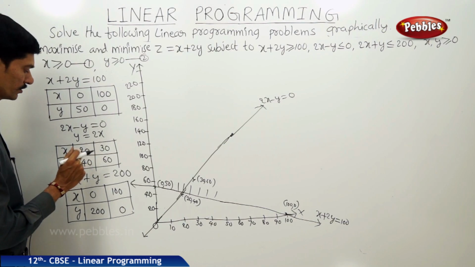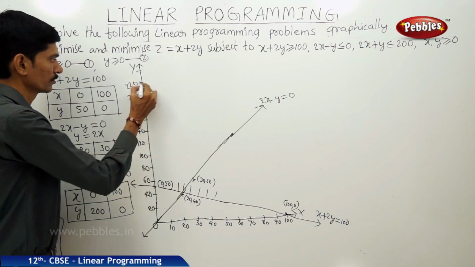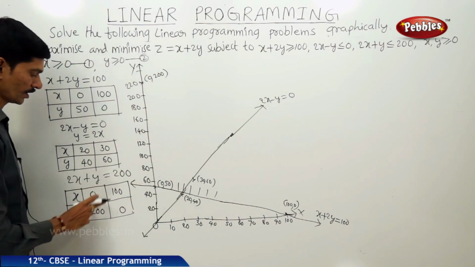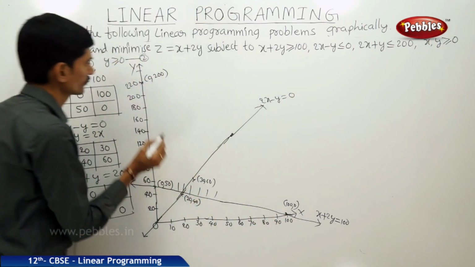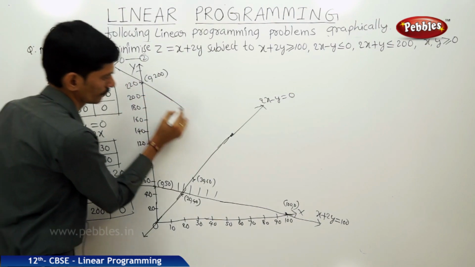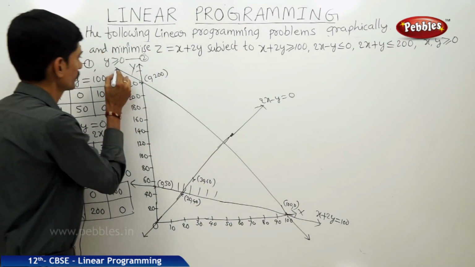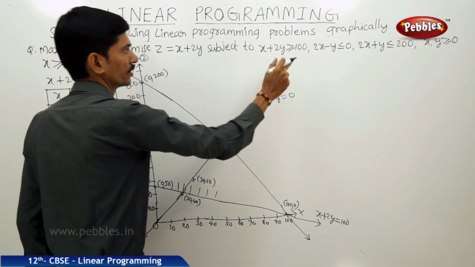Now the next one is 0, 200. And 100, 0. And this is less than or equal to 200.